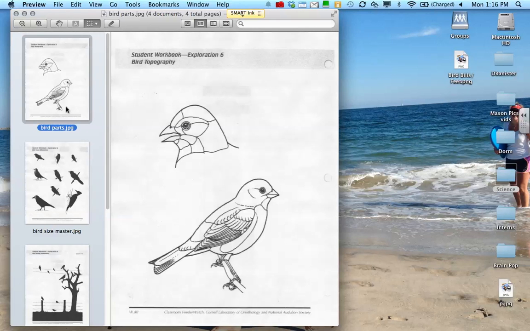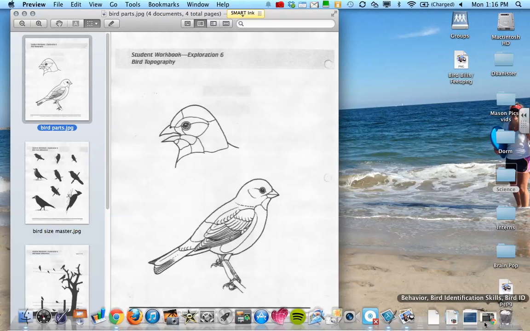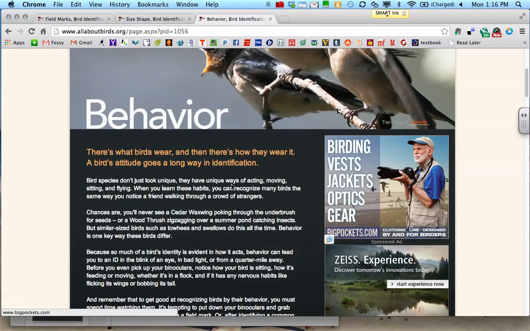This is an outline of a bird's head and then the whole body. We will be labeling this in class, and actually later on in this tutorial you'll see a picture, this picture, with all the parts of the bird labeled. But we'll need to be comfortable identifying all of the different parts of the bird.